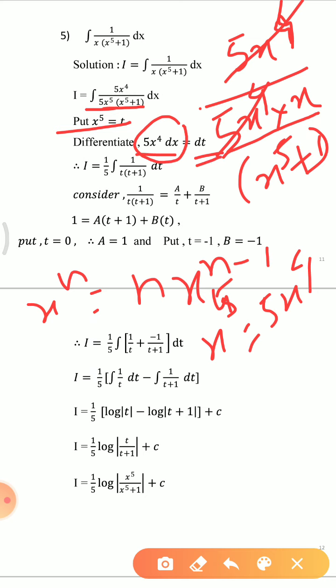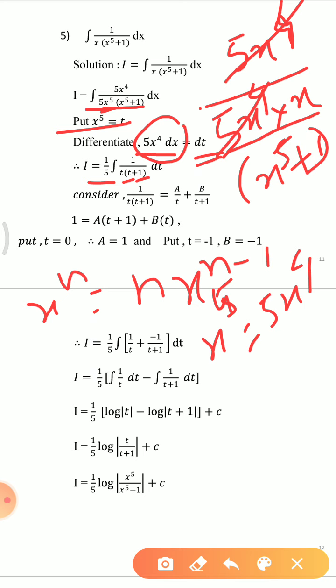Then substitute this value in the given integration. The integral becomes 1 upon 5, because 1 upon 5 is outside the integral, integral 1 upon t, because we put x raised to 5 is equal to t, and then x raised to 5 plus 1 is t plus 1, that is 1 upon t into t plus 1 dt here.